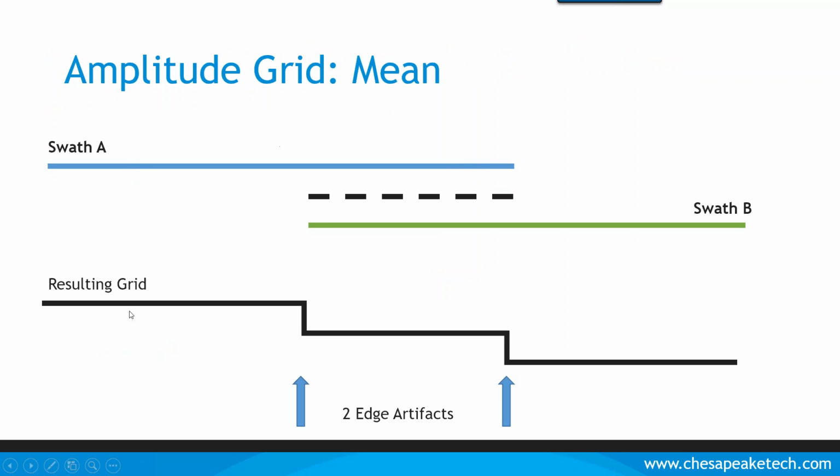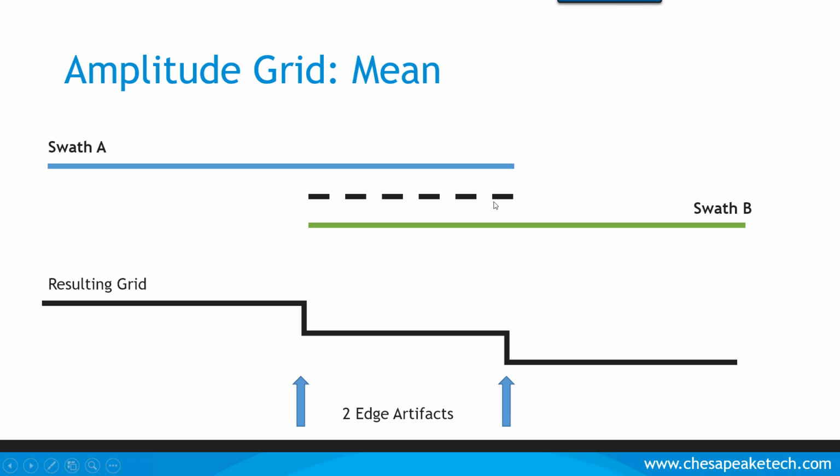And you want to make a grid from these overlapping swaths, which is this black line shown at the bottom. If you use the algorithm of a mean, it's fine when it's only swath A, the resulting grid will look just like swath A. If it's only swath B, it's going to look like swath B. But where the 2 overlap, it averages the 2 values together and you get something along the lines of this black line.